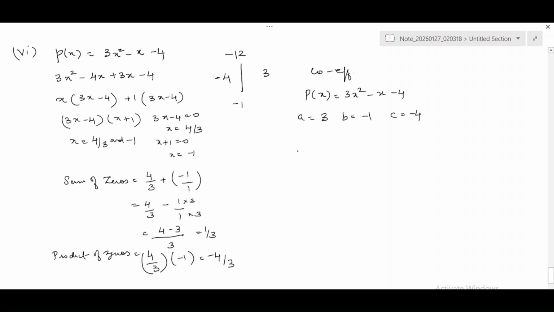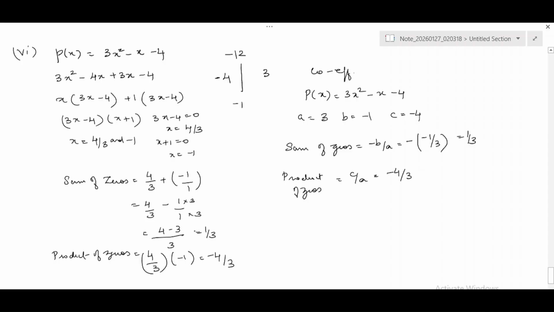Now sum of zeros will be minus b by a. Minus b by a is minus of minus 1 by 3, that is 1 by 3. Product of zeros is equal to c by a. c by a is minus 4 by 3.